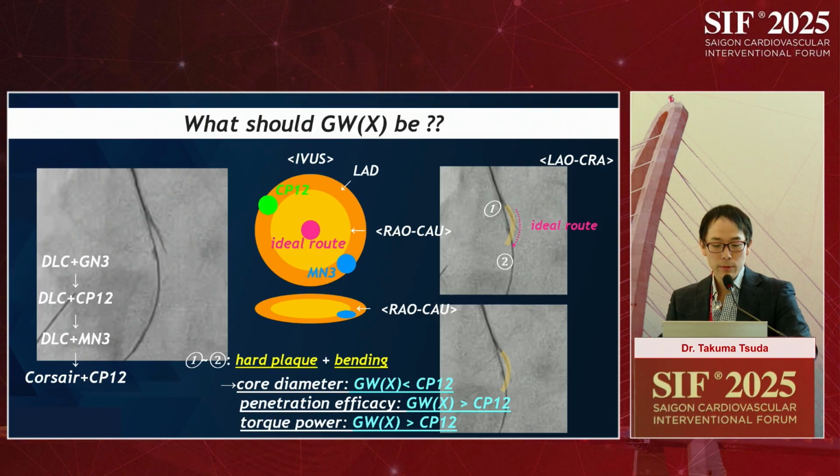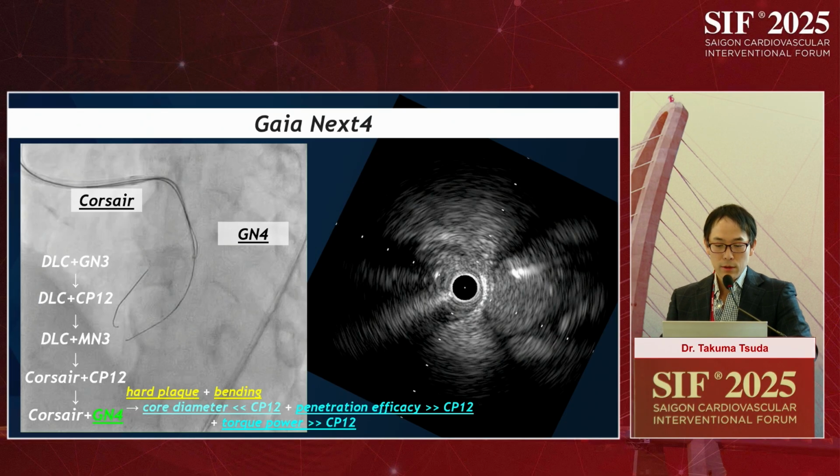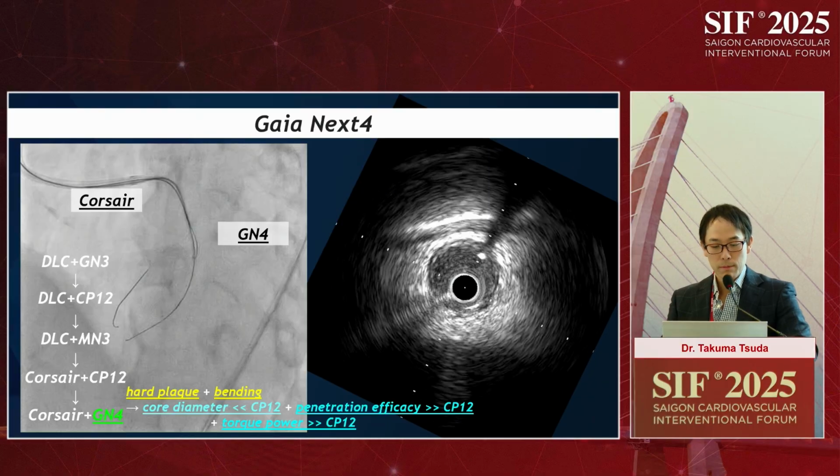But in terms of penetration efficacy, the guide wire should have more than the CP12. Okay, and also the guide wire X should have more torque power, a more controllable guide wire than the CP12. What is the guide wire? High penetration efficacy, but more flexible. It's the Gynex 4.